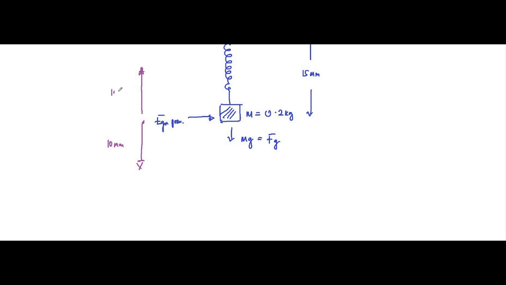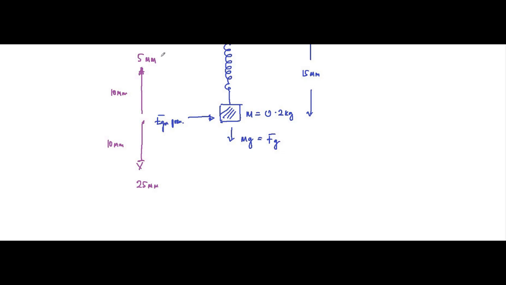When it travels 10 millimeter downward, it is 15 plus 10, 25 millimeter, and upwards when it travels 10 millimeter, it becomes 15 minus 10, that is 5 millimeter. These are the two extreme points.